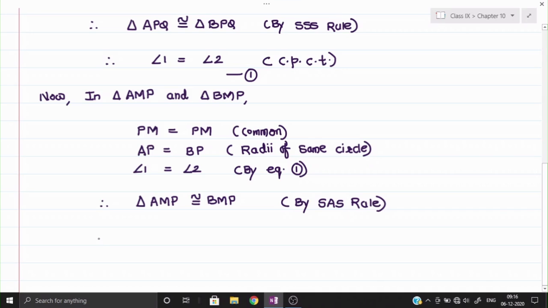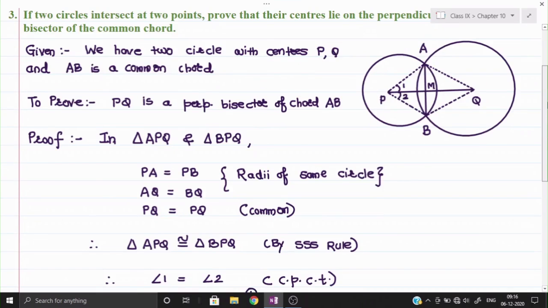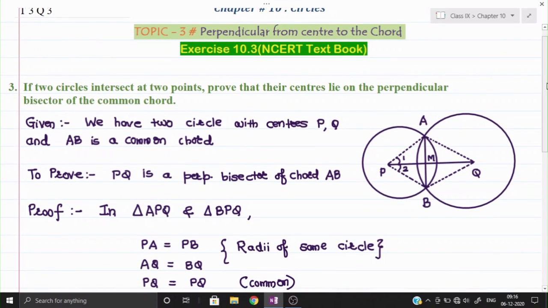And now if these two triangles are congruent, we can say that again we shall get some of the corresponding parts equal, whichever are remaining. So here I am supposing two angles. Observe, one angle I am taking here, angle AMP, and second one BMP. These two angles will be definitely equal with the help of CPCT. You can draw the two triangles and check whether they are corresponding or not. Second thing you observe, AM and BM will also be one of the corresponding pairs of sides.